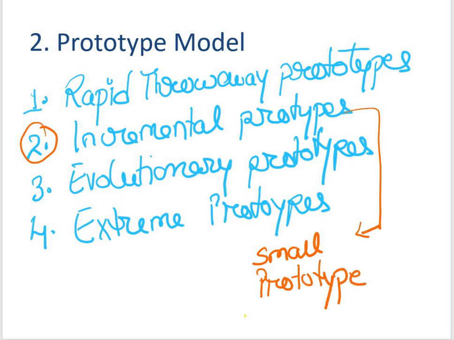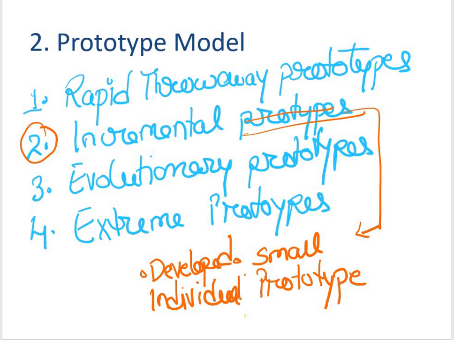There is one typo in this particular case, it's prototype. And each of these small prototypes is developed individually. And then all these prototypes are merged into a single product.